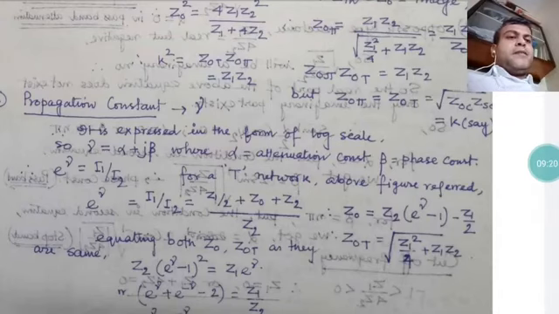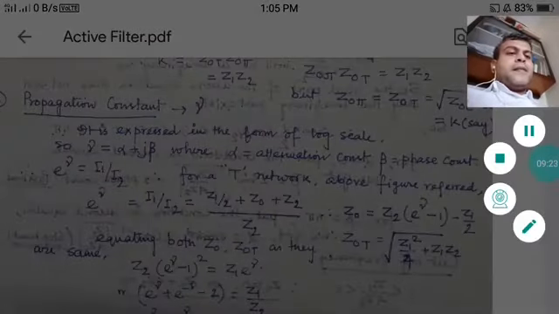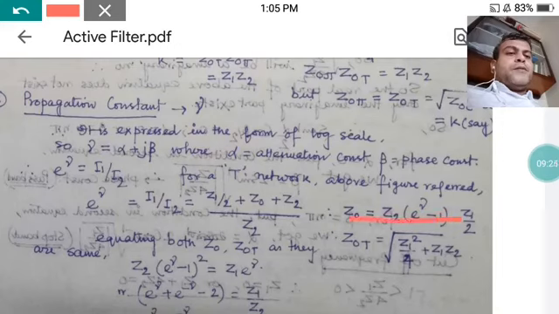Now Z0t is also known to you, that is Z1 square by 4 plus Z1 Z2 under root. So just put this value and you will be getting Z2 e to the power gamma minus 1.